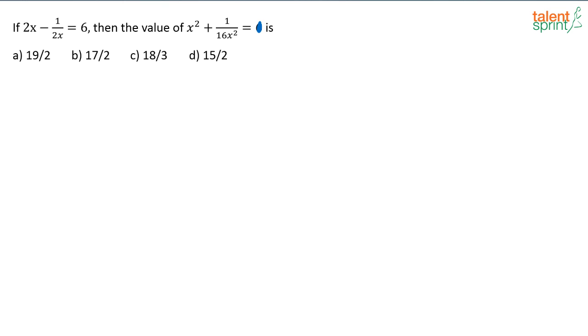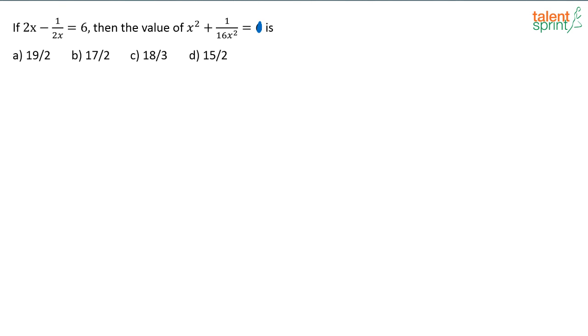Abdul says the answer is option C, that is 18 by 3. So one of you says it is 17 by 2, and one of you got 18 by 3. Jashwinder also says the answer is 18 by 3, that is option C. A lot of you are saying the answer is C.